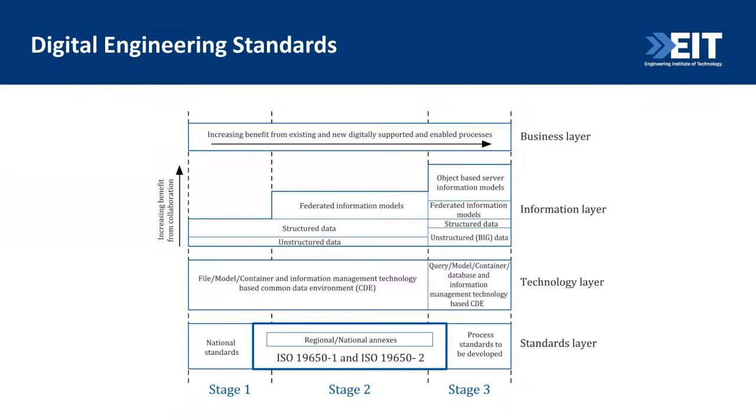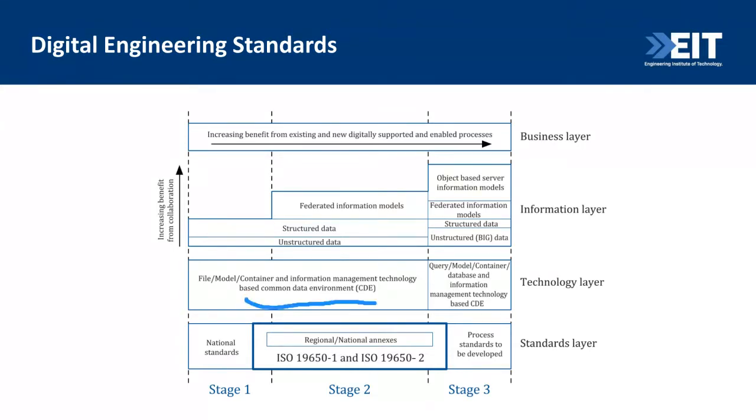And also ISO has only matured to stages 1 and 2 as described in this picture. In stage 1 we have a national standard, and in stage 2 we have regional or national annexes in the ISO.